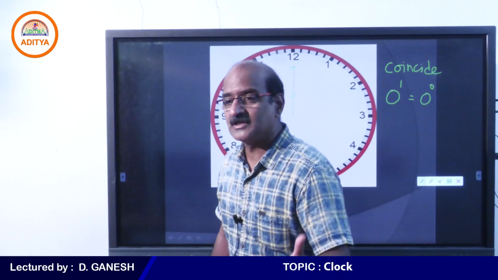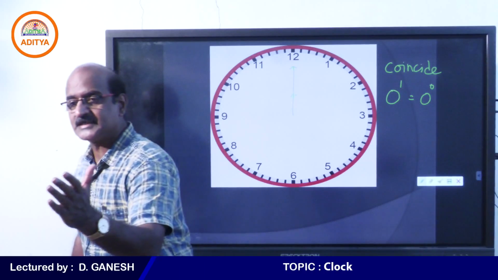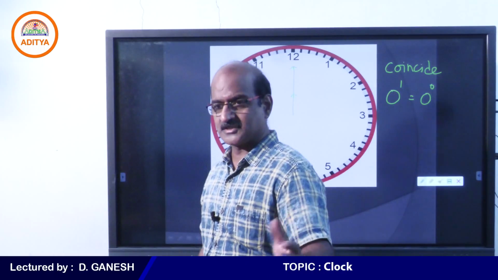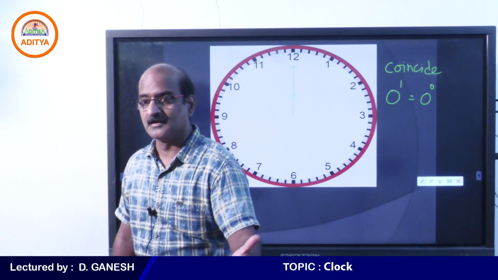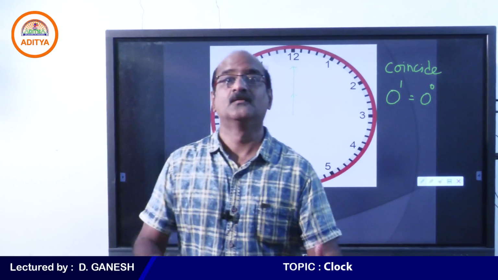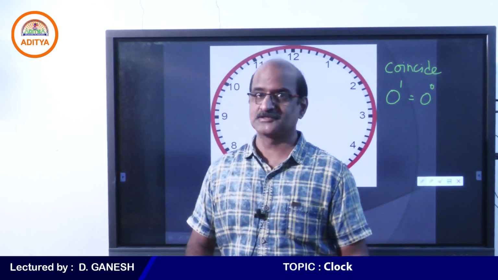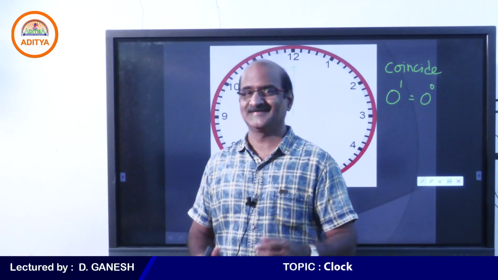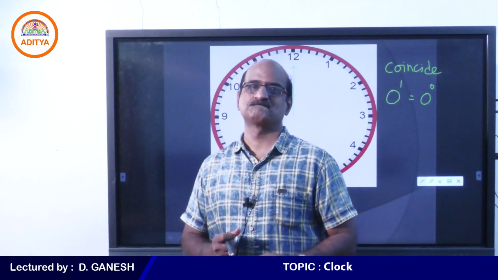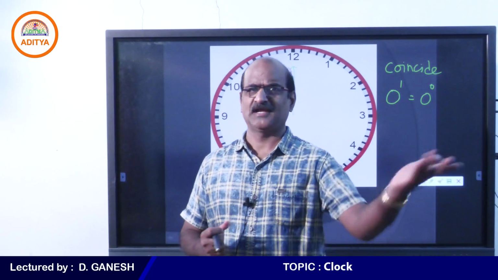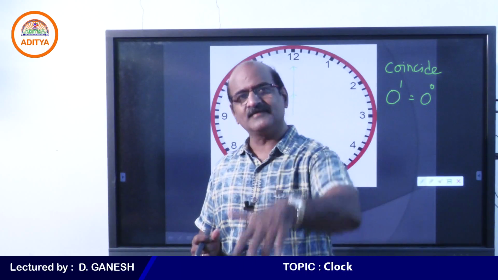But actually what happens, it seems to coincide at 12, but for your kind information, in every 1 hour they coincide. We may see it at 12 o'clock with our naked eyes. But you see, my dear students, at 1:05, 2:10, 3:15, every time, in every 1 hour it happens.